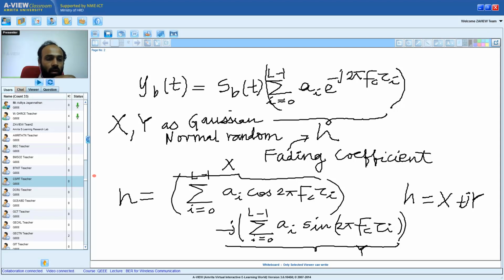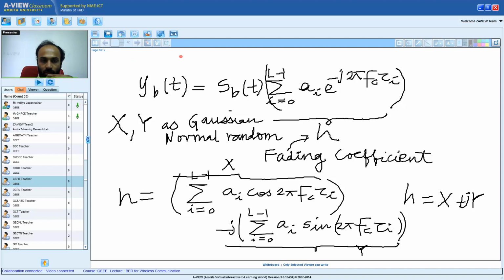Normal random variable, have you heard about Gaussian noise? Yes, sir. Are you familiar with the Gaussian distribution? Has it been explained to you in any class? Yes, we are familiar with Gaussian noise. Do you know what is the Gaussian distribution of a random variable? So let me talk about this.